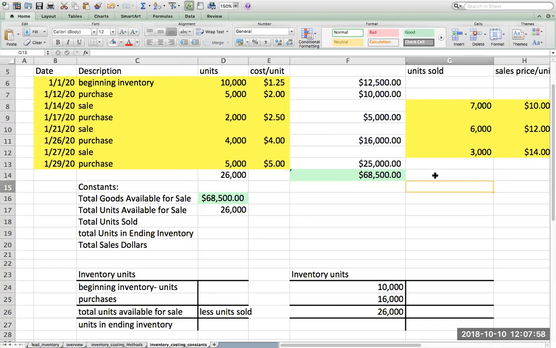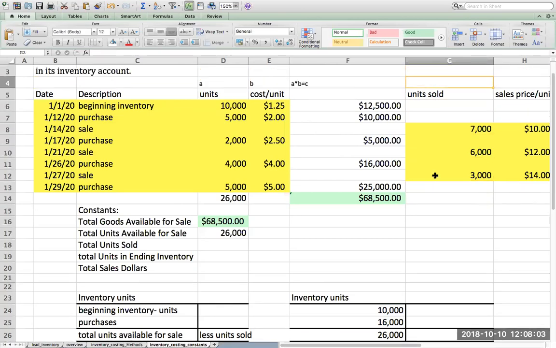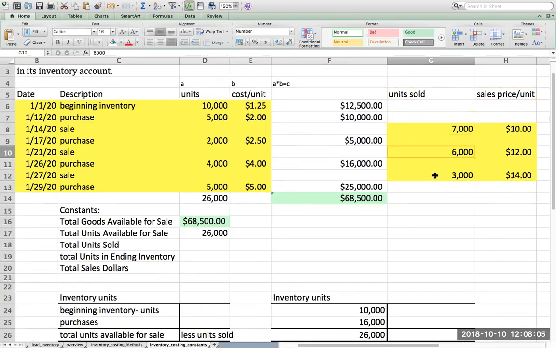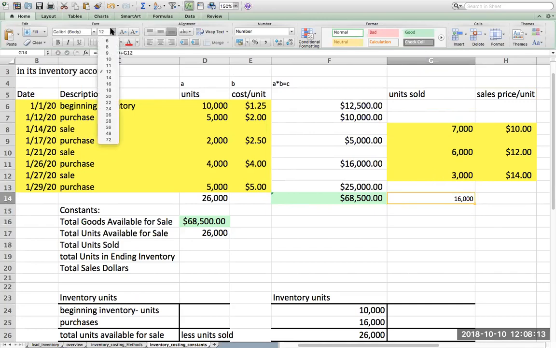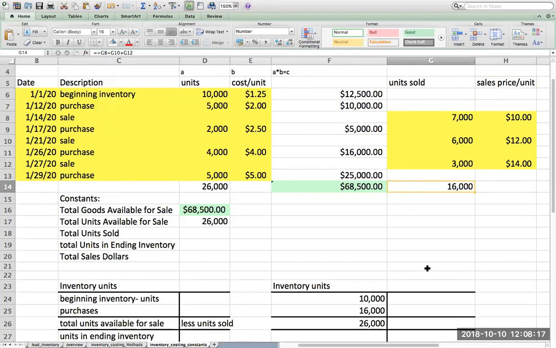So how do I determine my units sold? Well, looking at my accounts, I've got 7,000 plus 6,000 plus 3,000 units, giving me a total of 16,000 units sold.